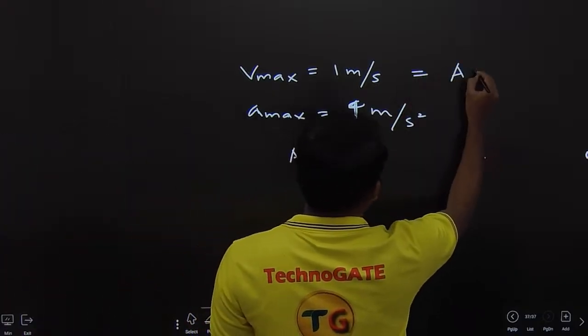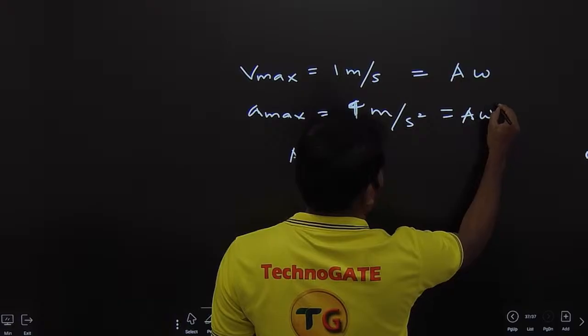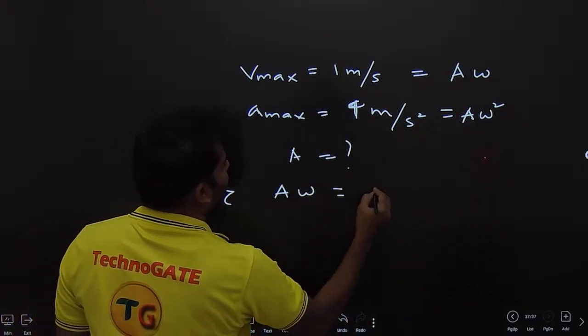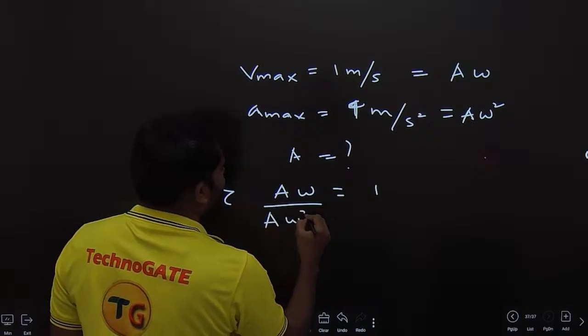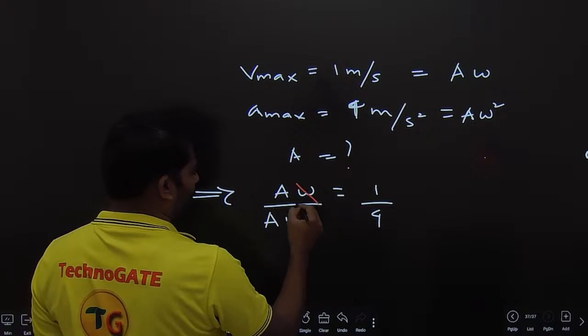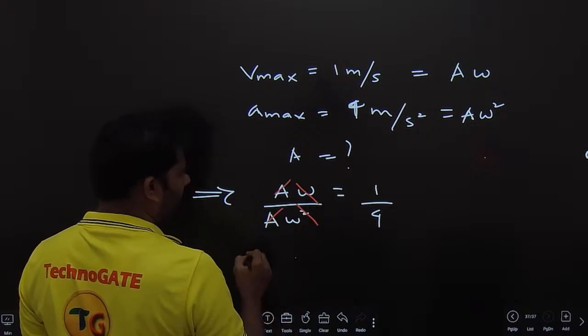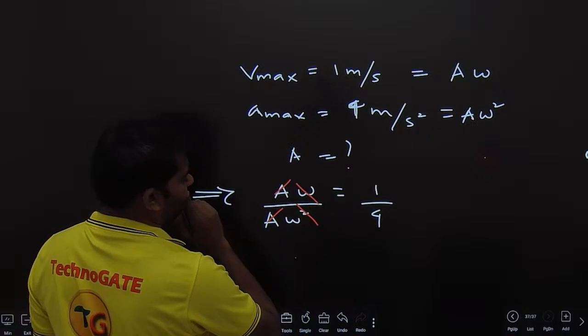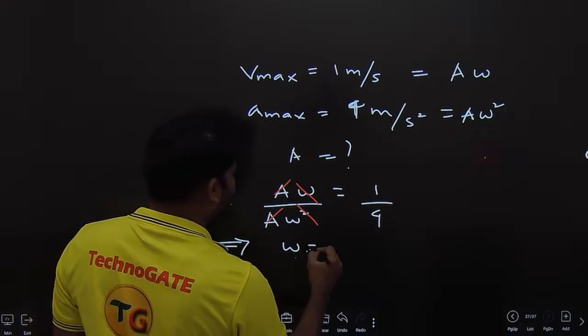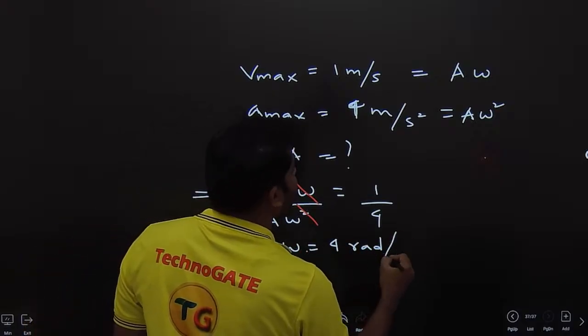Vmax is A omega, maximum acceleration is A omega square. So A omega is equal to 1, A omega square is equal to 4. If you simplify this, A is gone, and we first get the value of omega as 4 radians per second.